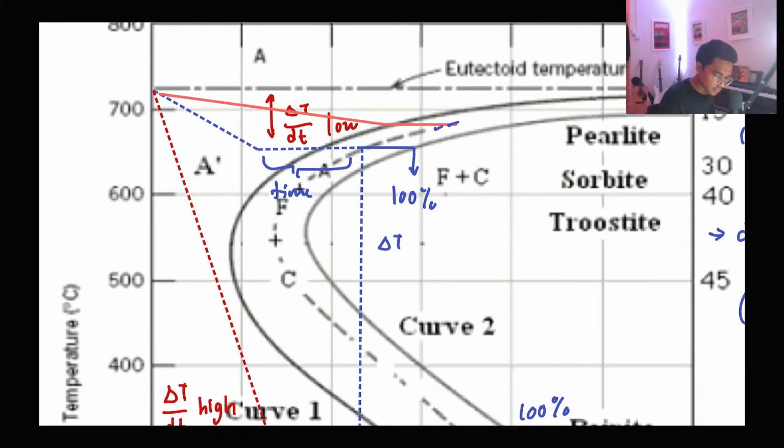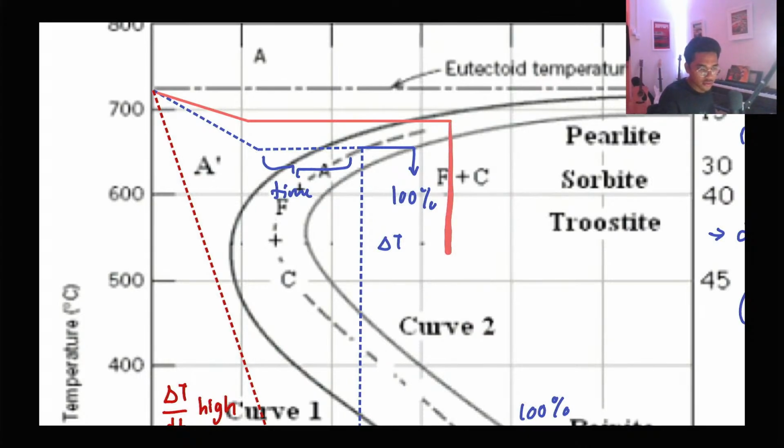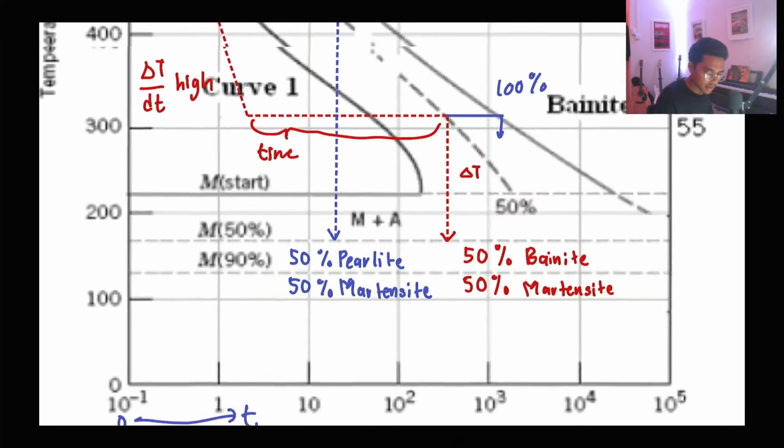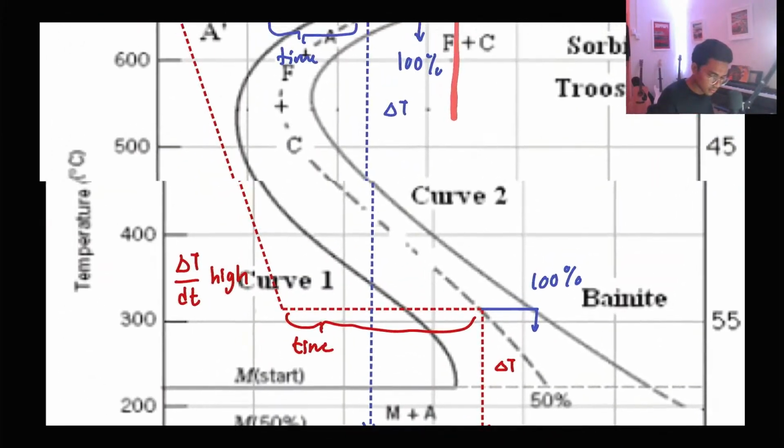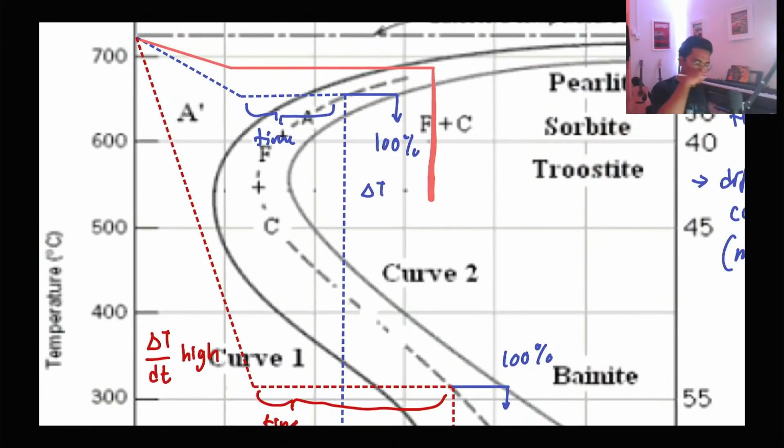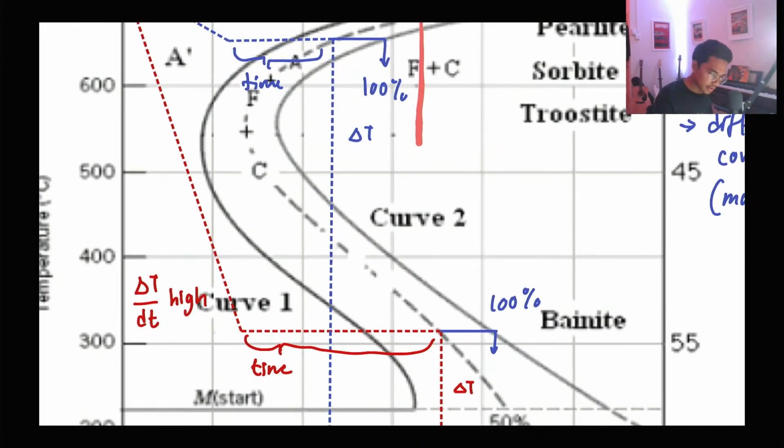Wait. Let's just erase this. Okay, so this is how you do it. Here, and then straight here, and then we will go down. So you want to have 25% martensite and 25% bainite. This is bainite here.